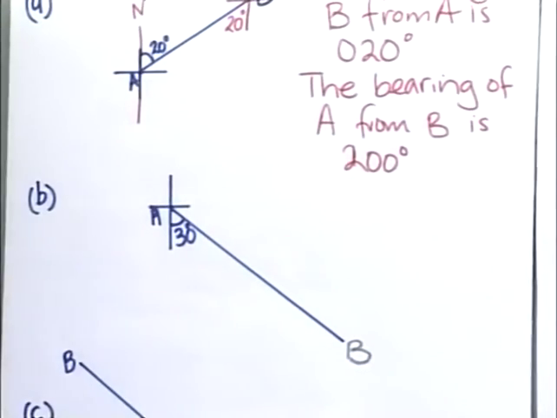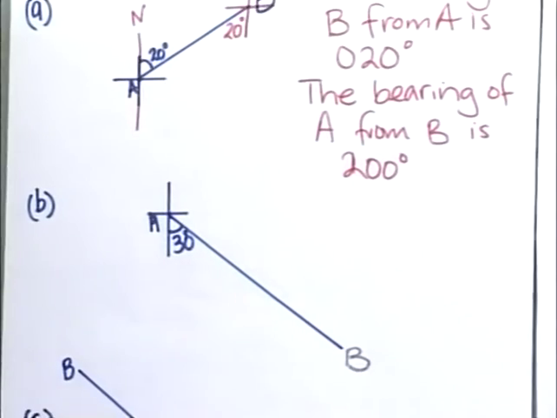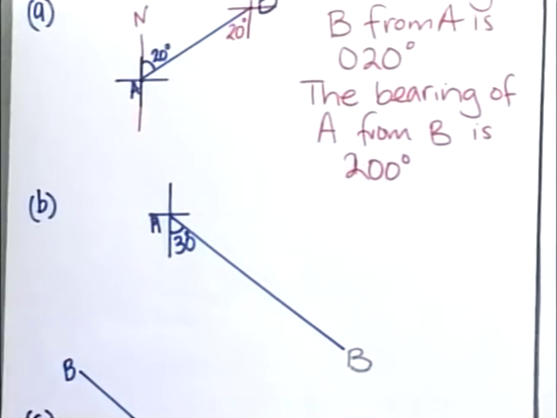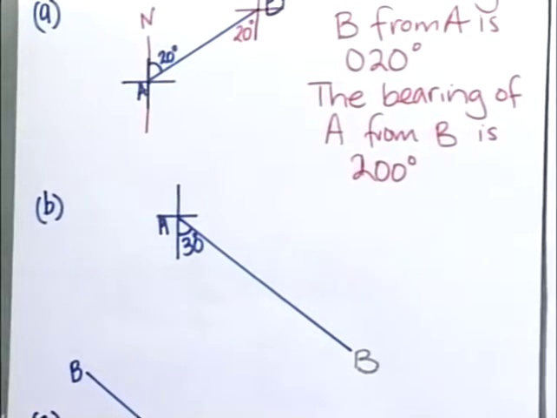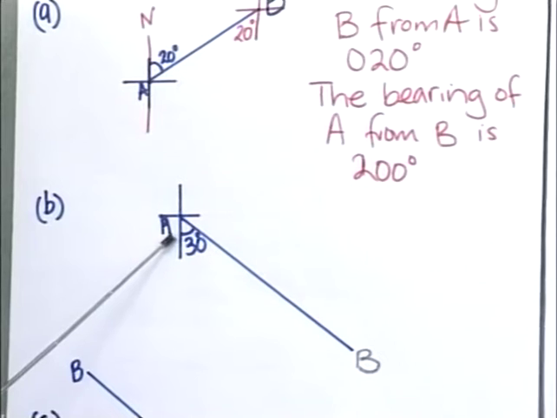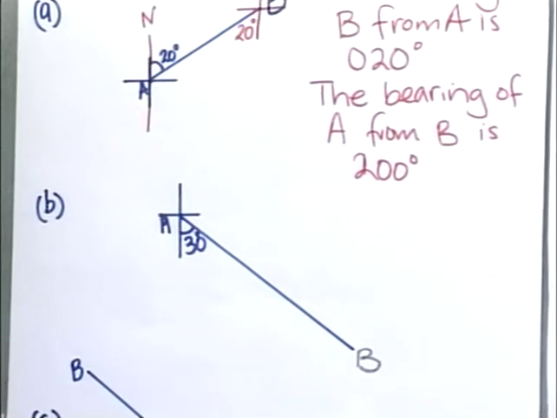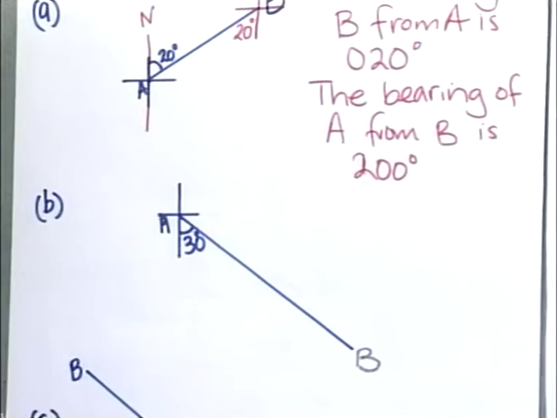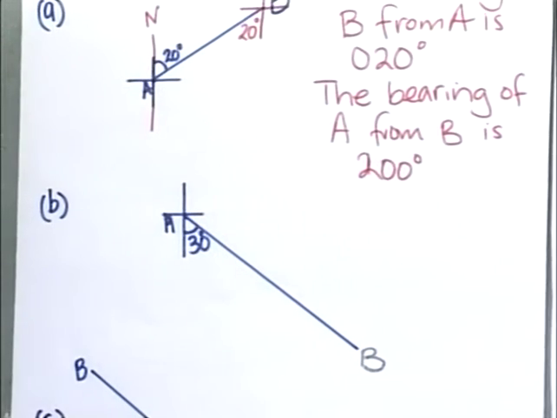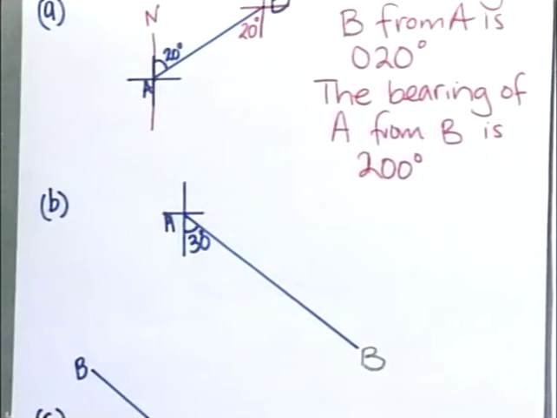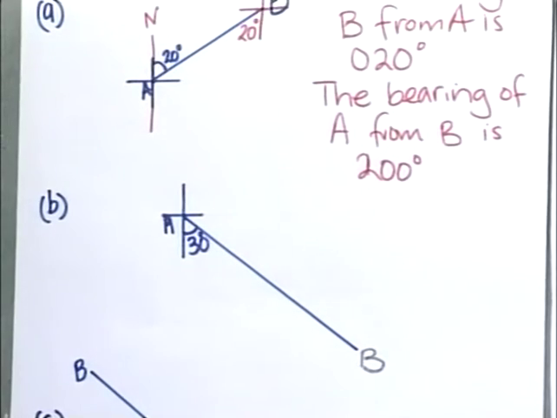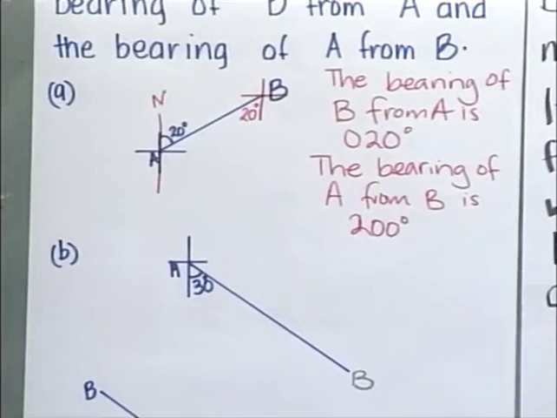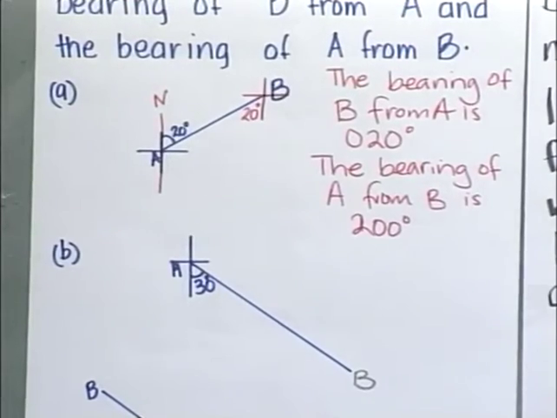Okay, that's point B. Can anyone tell me the bearing of B from A? Given that this angle here is 30 degrees. Which direction is B from A? Southeast, but what's the bearing?